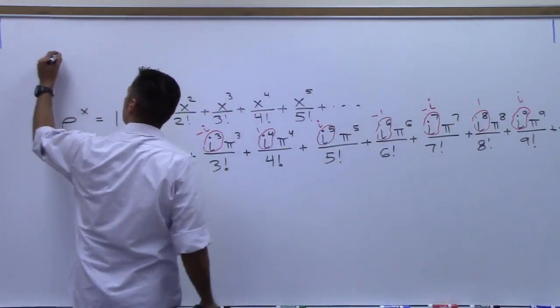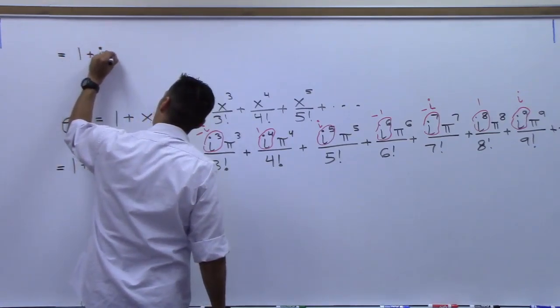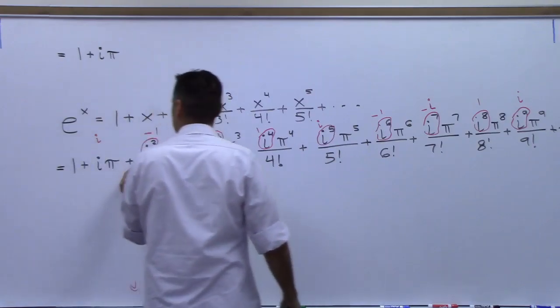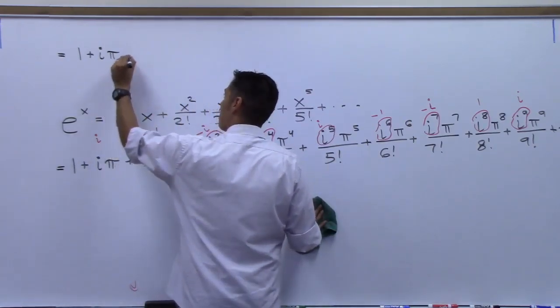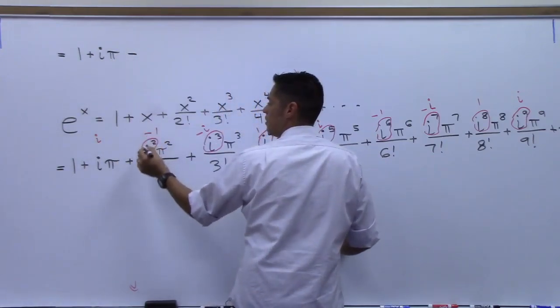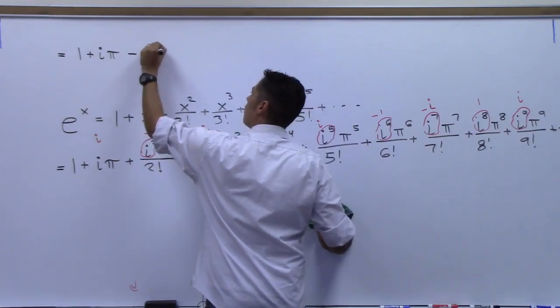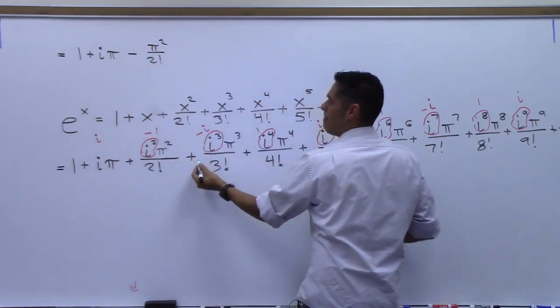So that is equal to 1 plus i pi minus pi squared over 2 factorial. I squared is the minus. The next one?